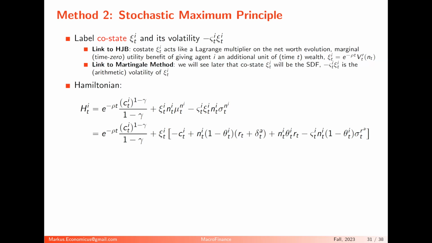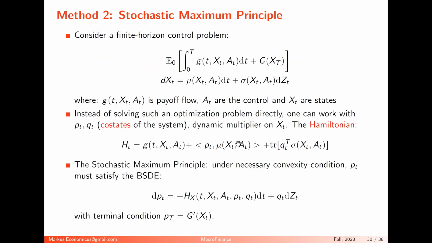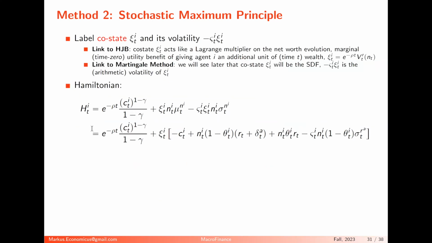Good. So that's the link to the co-state variable. So I label the co-state variable now. Initially I said, oh, this is co-state variable P and Q, just picking some names. But I now label one of them Xi, and the other one I call varsigma times Xi. And you will see that this Xi will be the SDF, and varsigma is actually the price of risk times the SDF.